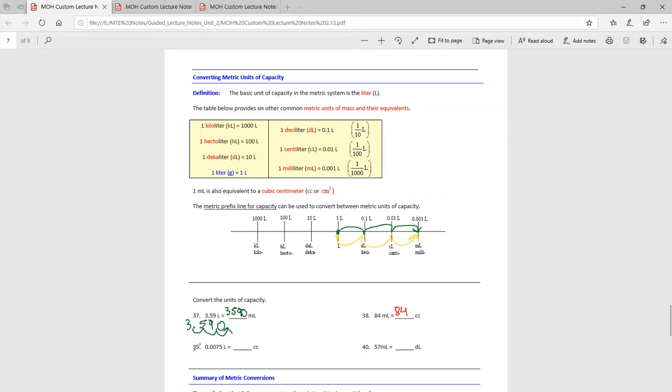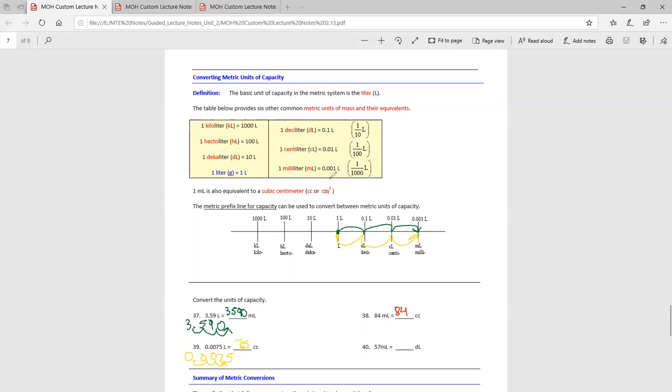So we do the same thing to its decimal. For the 0.0075, we go right 1, 2, 3 times. It ends up between the 7 and the 5. We don't need the zeros in front. So that's 7.5 cubic centimeters, also known as 7.5 milliliters.